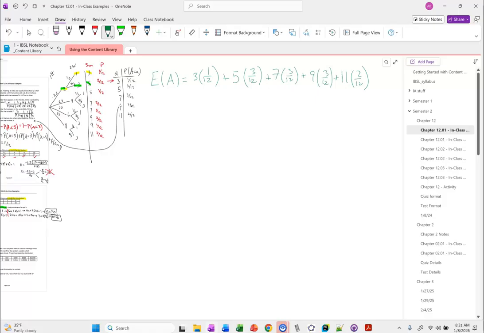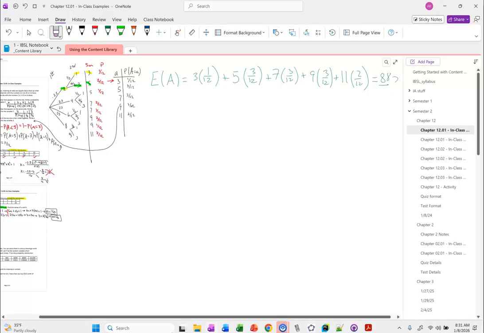See, 3 and 15 is 18, and 21 is 39, and 27 is 66, and then 22 more would be 88/12ths or something, maybe. I don't know. Arithmetic's hard, guys. Feel free to check it if you want.